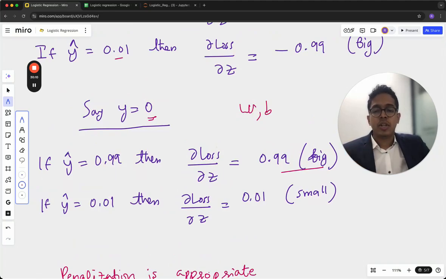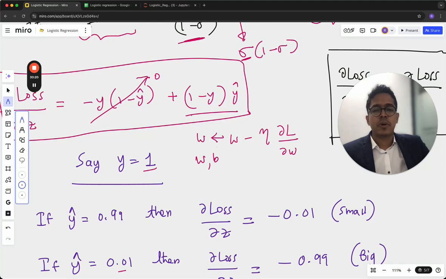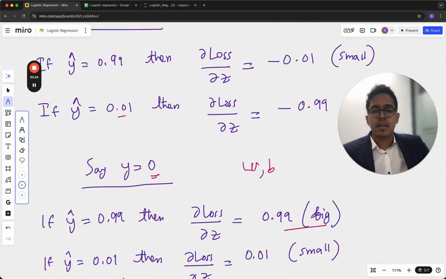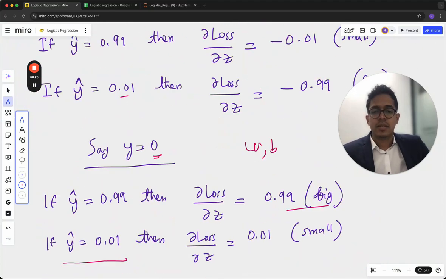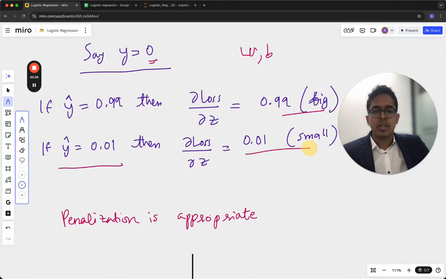If y cap equals 0.01, the prediction is very close to the actual value, then you should not penalize too much. Then ∂loss/∂z equals 1 minus 0 times 0.01. So it will be 0.01. So this change is small.